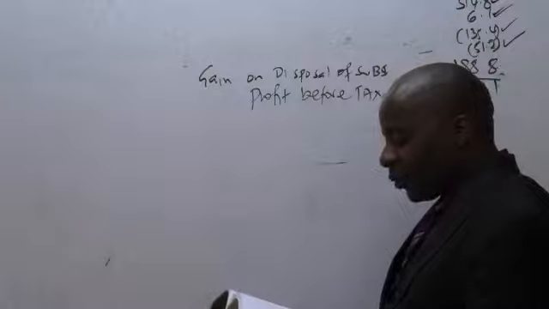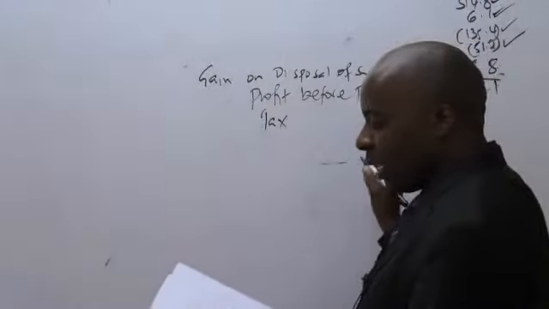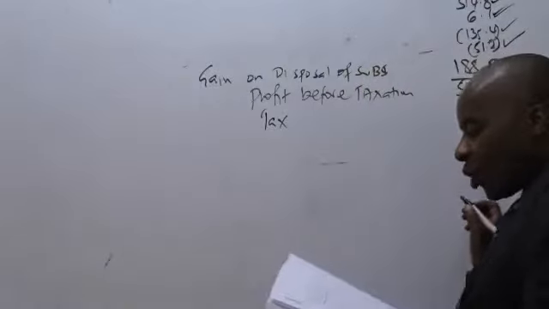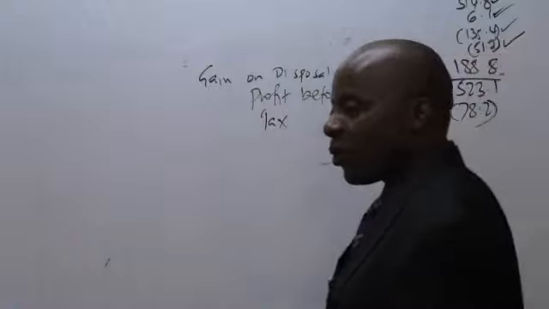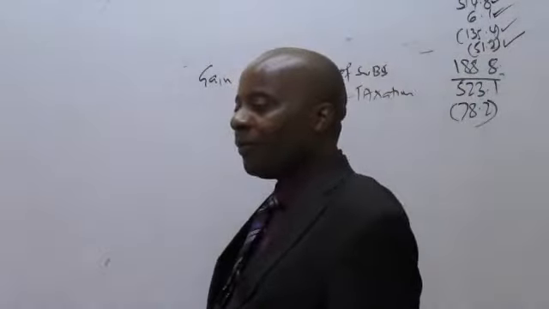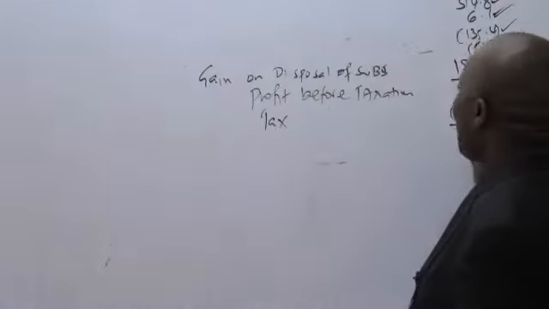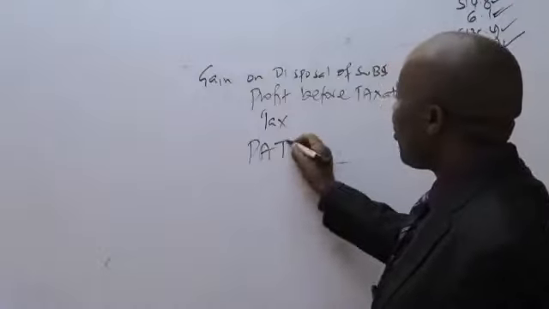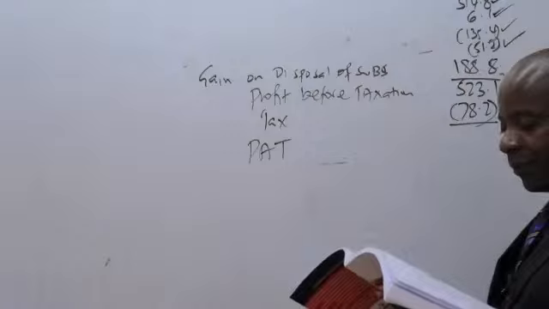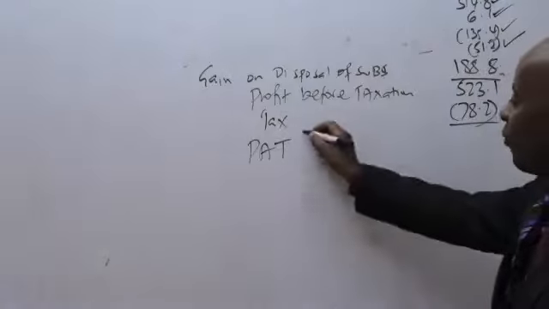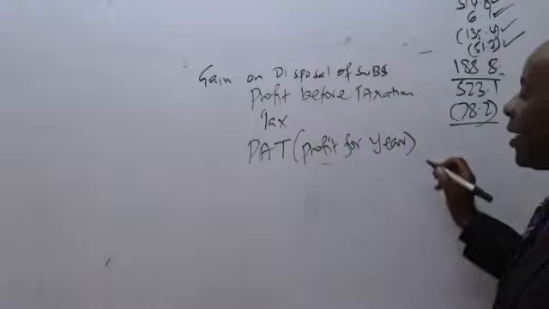So this 523.1, now look at the income tax. We already have the tax figures; if you add them all, they came to 78.2. Please confirm. Tax is 78.2, and if it's 78.2, could you kindly give me the profit after tax, which is the profit for the year?